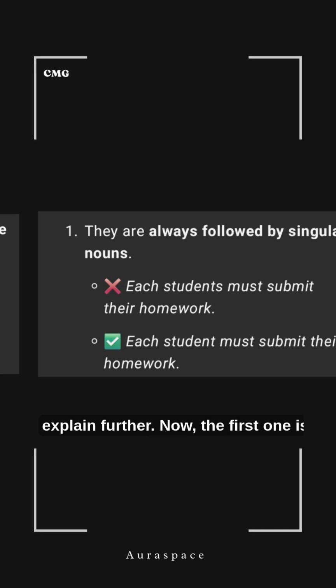The first one is "each students must submit their homework." We are talking about one, so how come we are saying students? Now, the second one, which is the correct statement, is "each student must submit their homework."